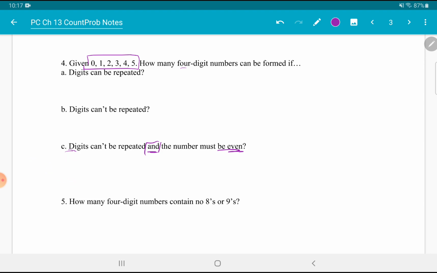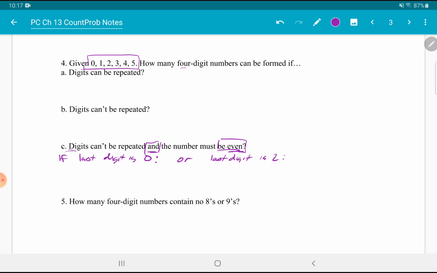So you can see here that in order for you to have an even number, you need to see that the last digit is either a 0, or maybe if the last digit is 2, it could work.